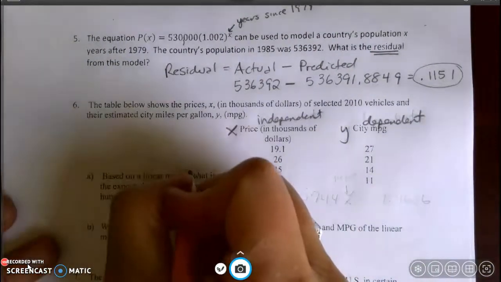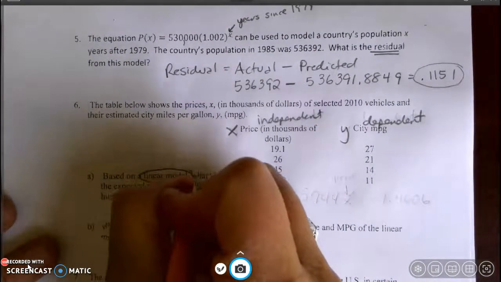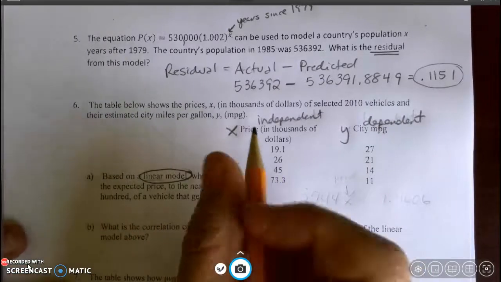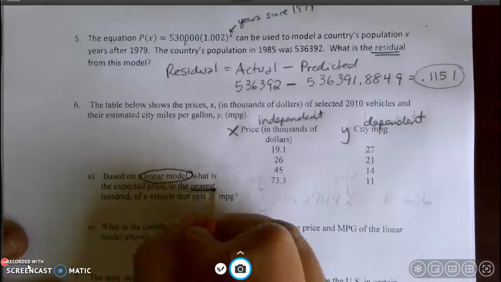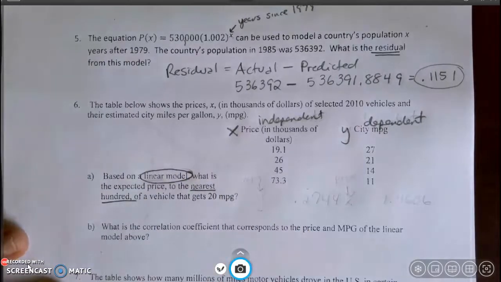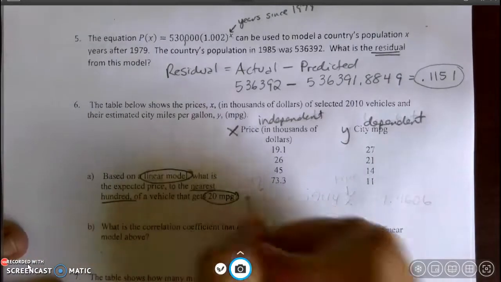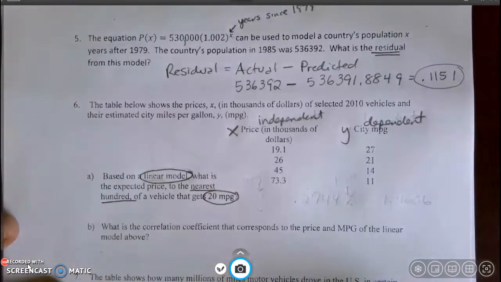Based on a linear model, we're not doing exponential or quadratic here, we're looking at linear. What is the expected price, to the nearest 100, I'm rounding to the nearest 100, of a vehicle that gets 20 miles per gallon? Well, the first thing I have to do is I need a linear model, so I need to go to my calculator.